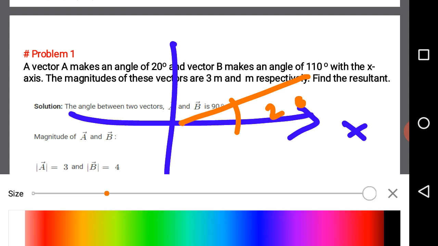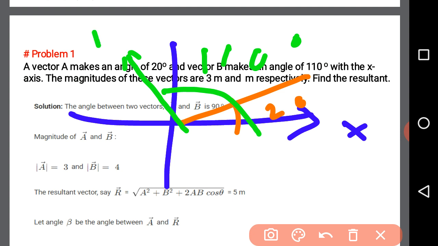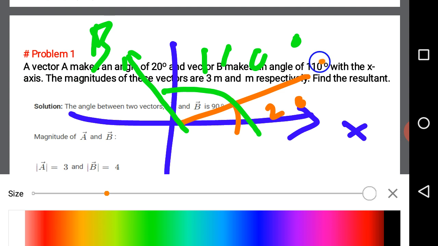Another vector is making an angle of 110 degrees with the x-axis. Here is vector B and this is vector A.